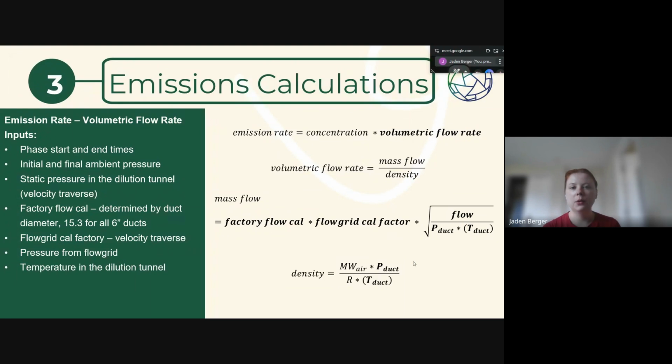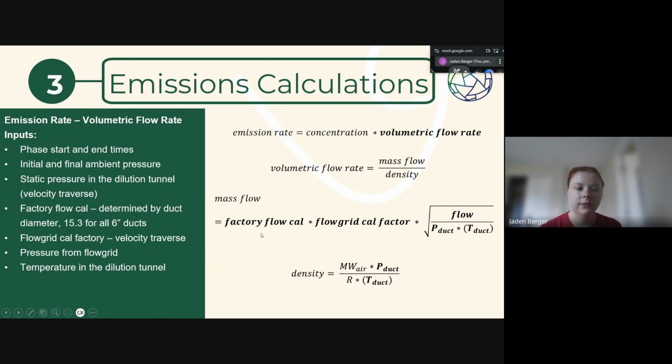Okay, now volumetric flow rate. This one is not just a unit conversion. This is basically the mass flow of the gases in the dilution tunnel divided by the density of the gases in the dilution tunnel. So for mass flow, I'm going to focus here for a second on these first two things that we're multiplying by.